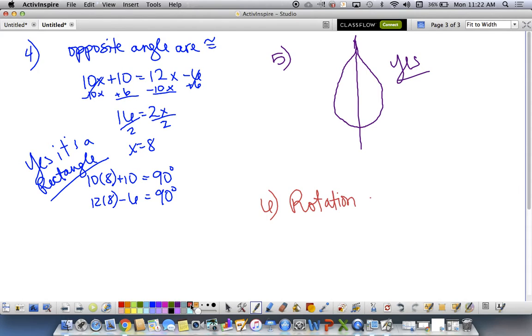Yeah, it went clockwise about point Z. Okay, tell me a little bit more about it.